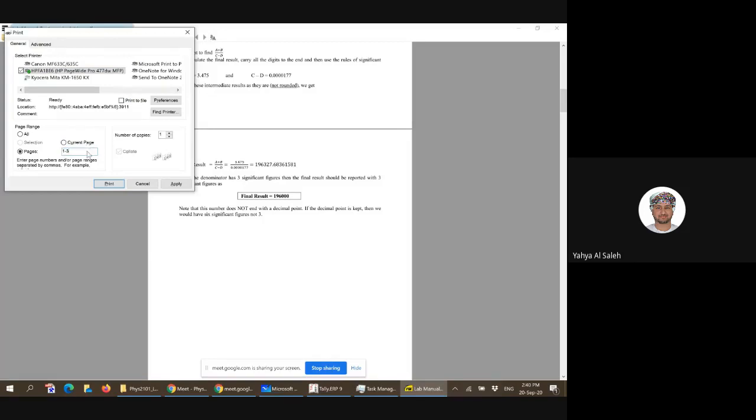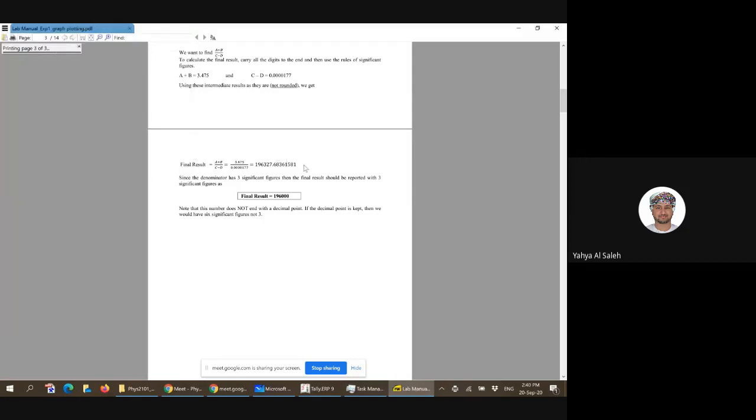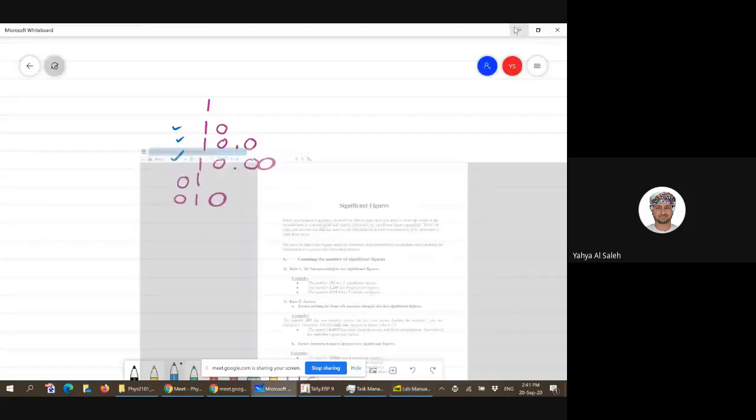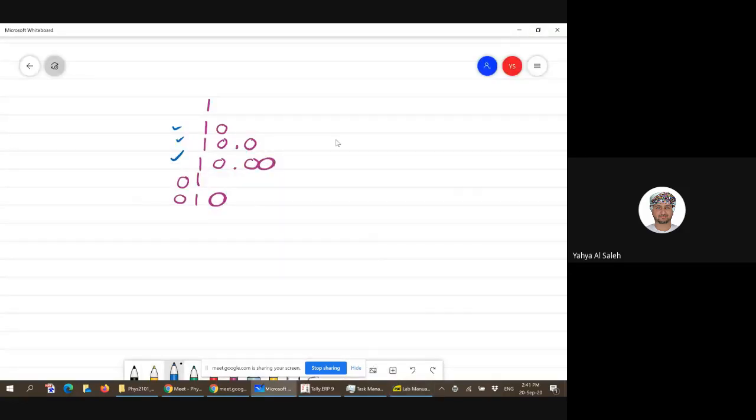I'm trying to figure it out on my end. Sorry, give me a second. I cannot see the writing and display my whiteboard at the same time, so I have to print it. Okay, that's much better.